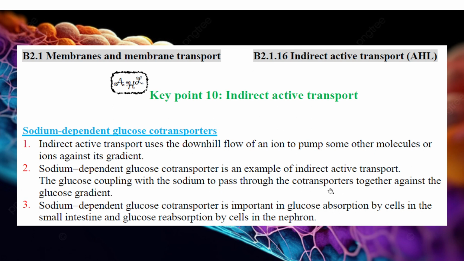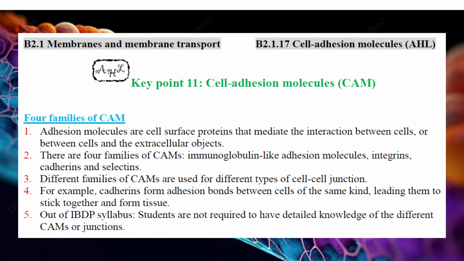The glucose is coupled with the sodium, and they are co-transported together against the glucose gradient. For example, in the small intestine, you need to absorb as much glucose as possible, even when the outside glucose level is low, so it is against the gradient.